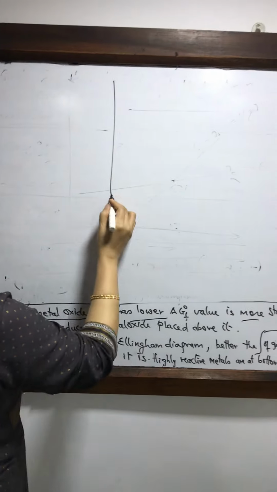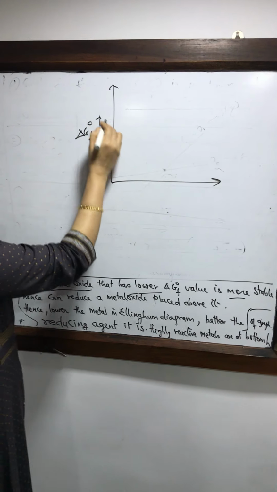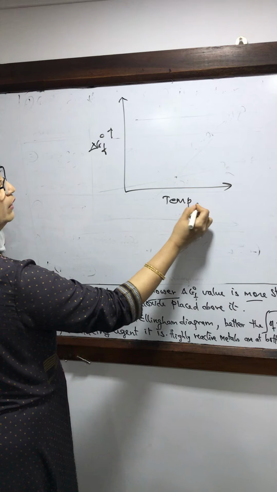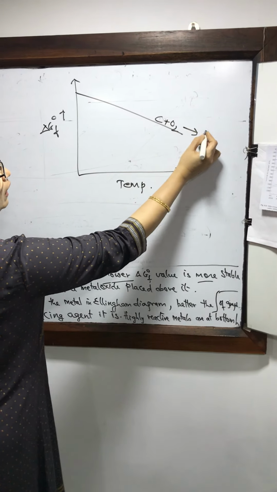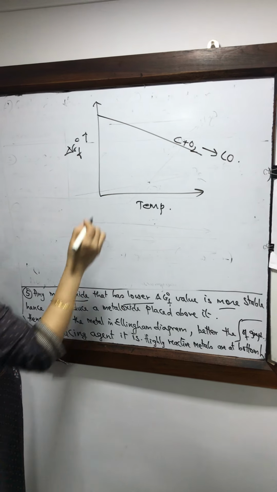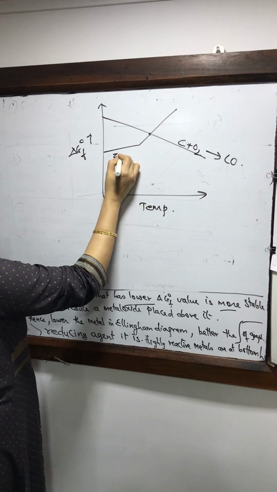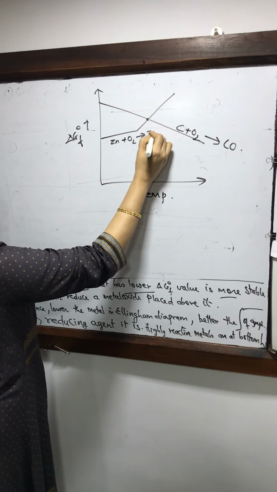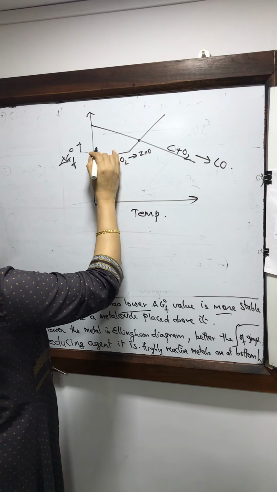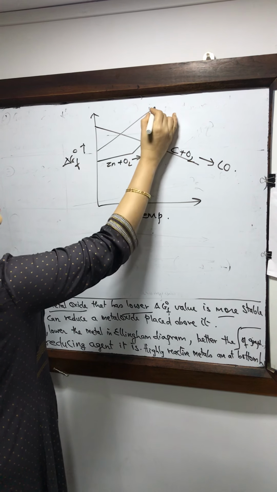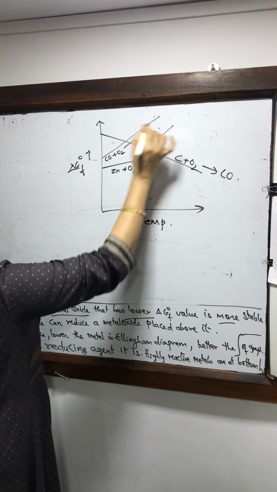In this graph, we have delta G plotted against temperature. This is the graph for the formation of carbon monoxide. This is the graph for the formation of zinc oxide. And this is the graph for carbon monoxide to carbon dioxide.